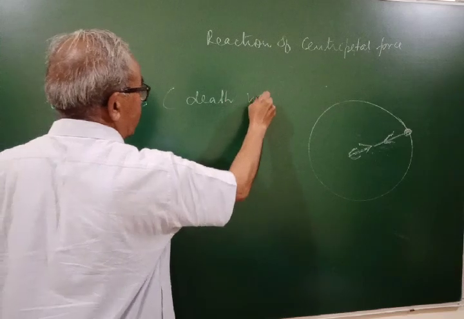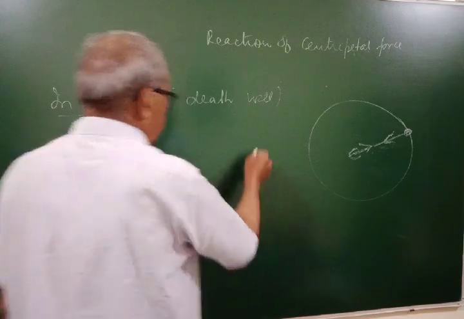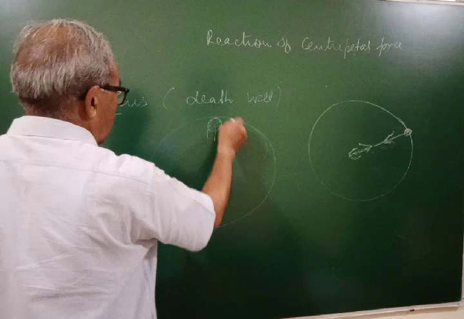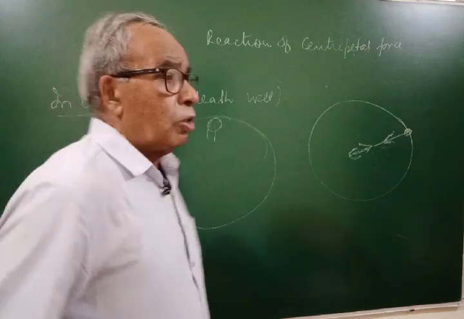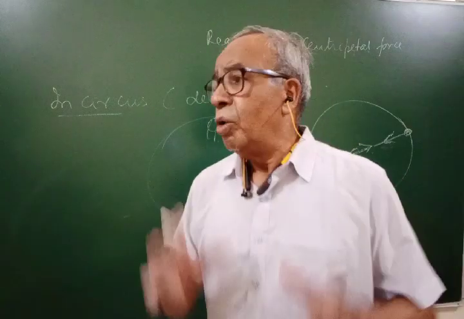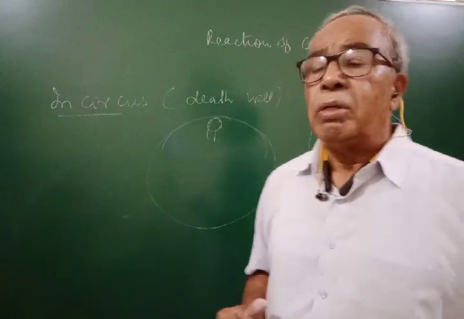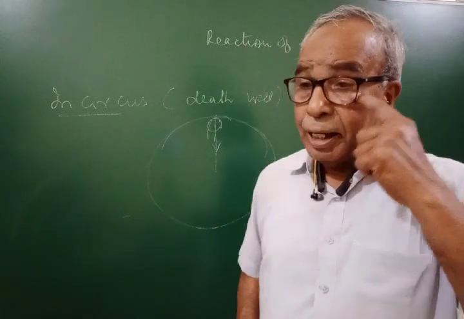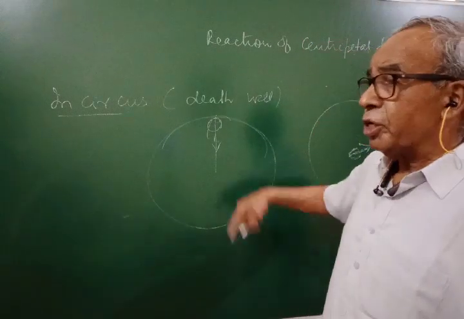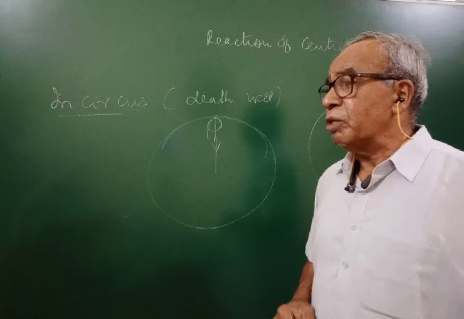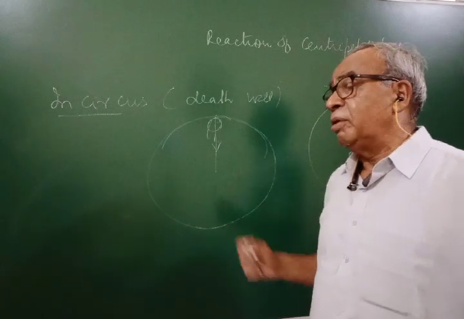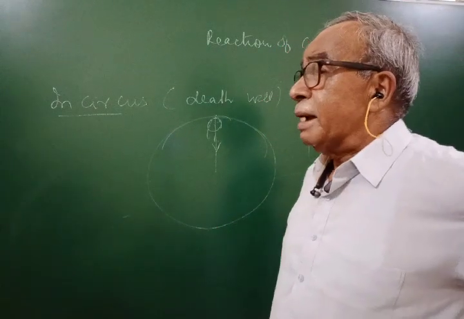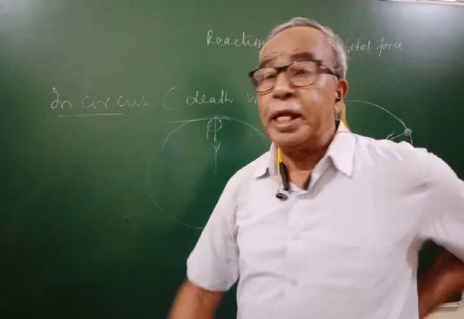The cyclist moves in a spherical well, he can move like this. The cyclist is here, and also here, all around. So the wall of the well provides the central force while the cyclist presses the wall outward. So the reaction of the force applied by the cycle, which is outward, and again I am telling you that the force acts itself because of inertia, the motion tries to keep the cyclist straight.